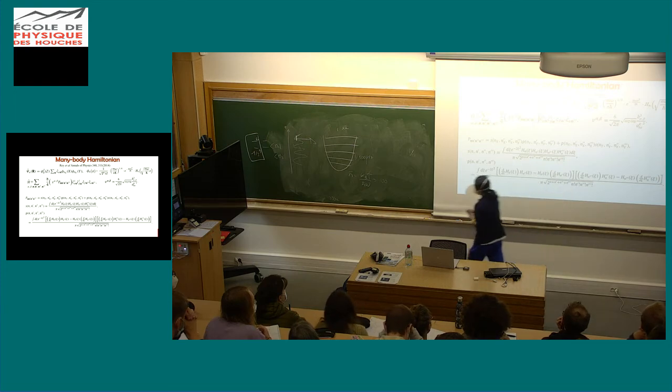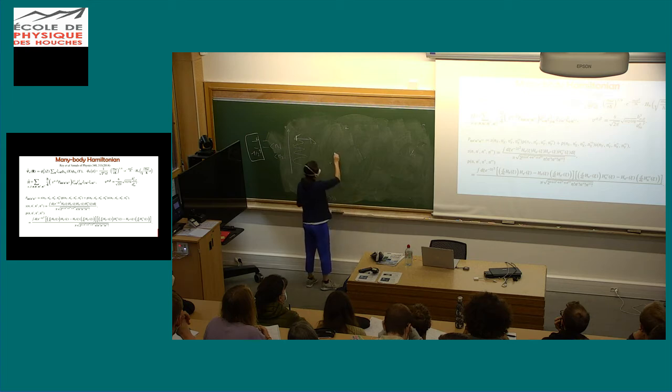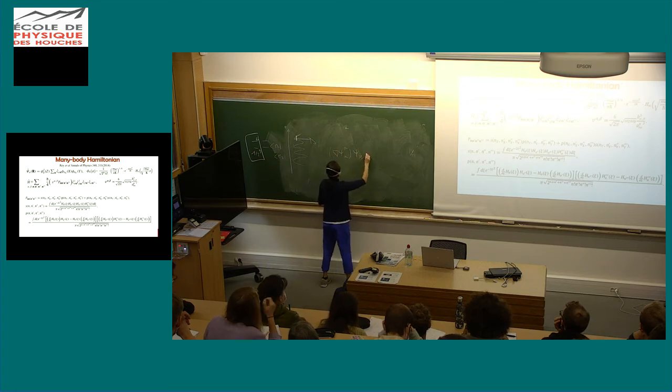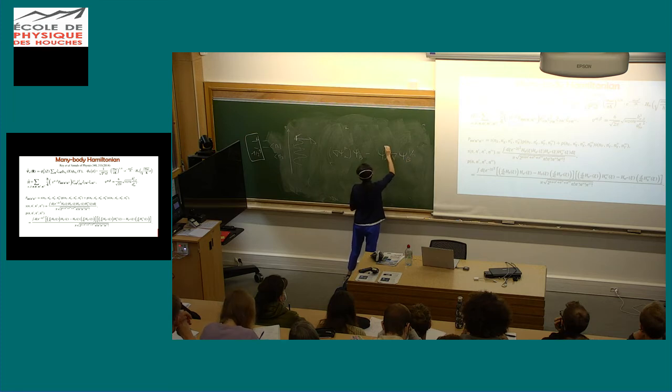So let me explain a little bit here. The point is that I have something that is the gradient of alpha beta minus alpha gradient beta, something like this. This is the first term, for example.